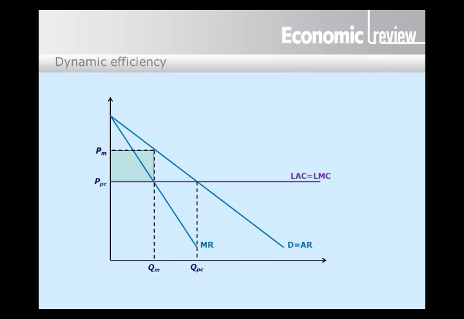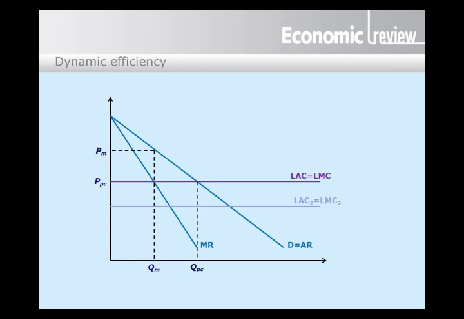And if it does this, then one possibility is that in the long term it will reduce its cost structure. So, for example, long-run average cost and marginal cost might fall to LAC2, LMC2.